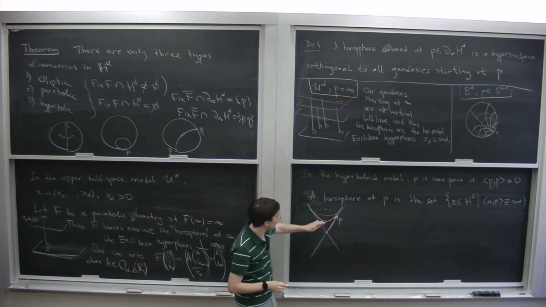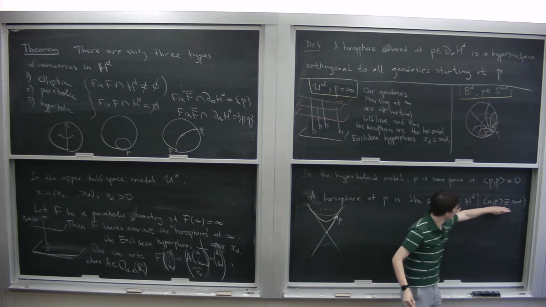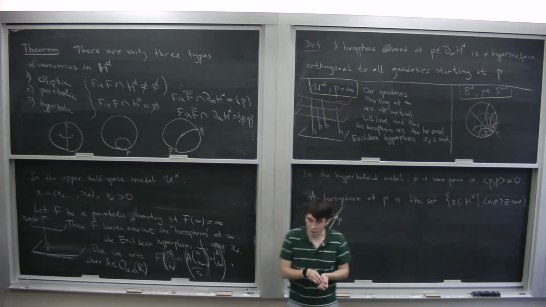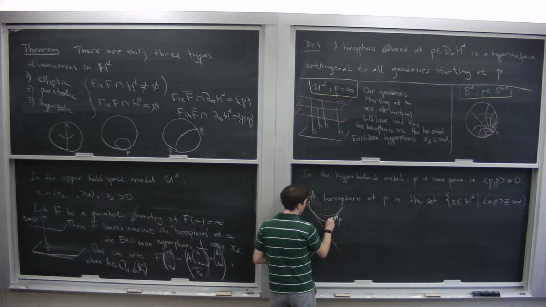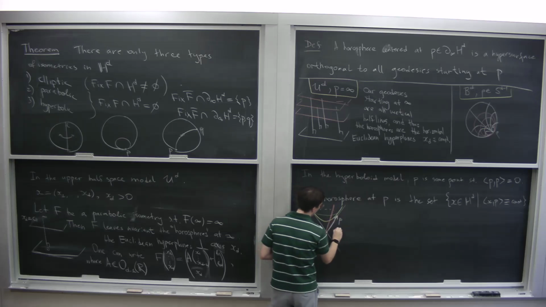Then what does it mean that the scalar product is constant? It actually means that I'm taking some cone, right?